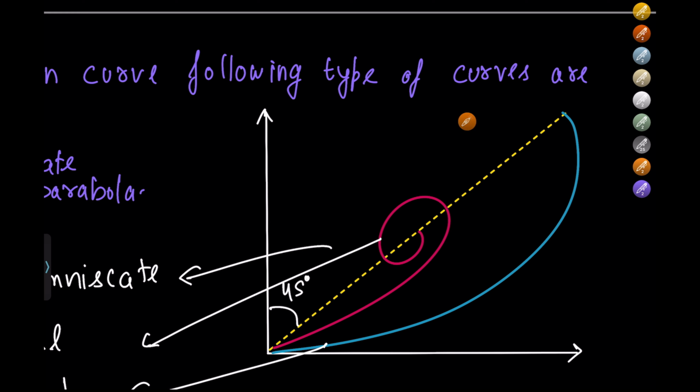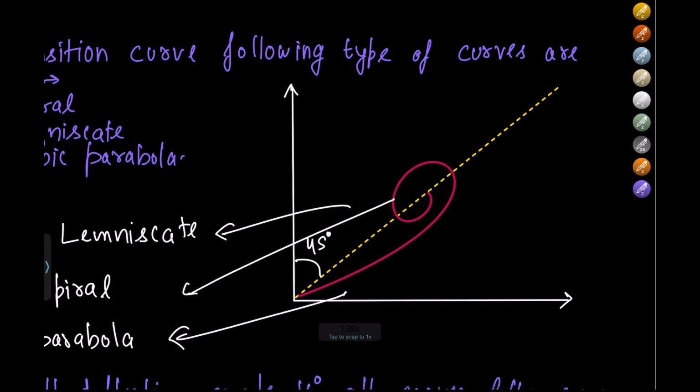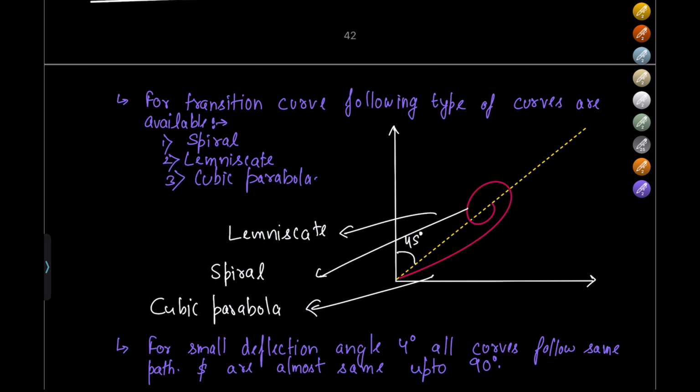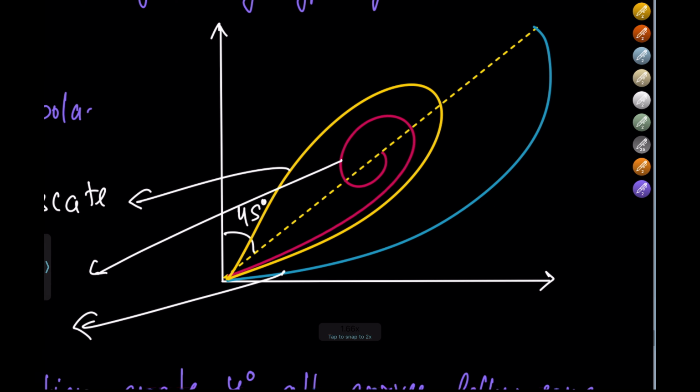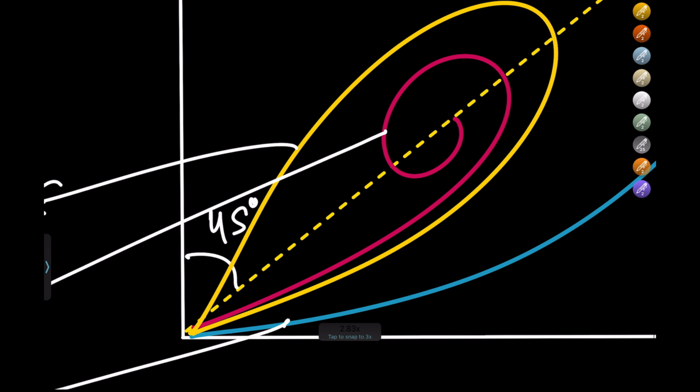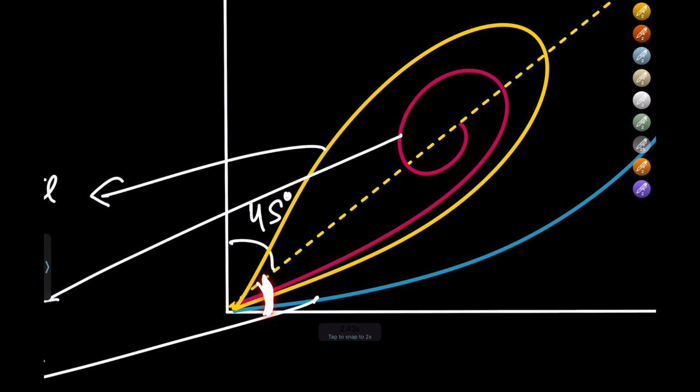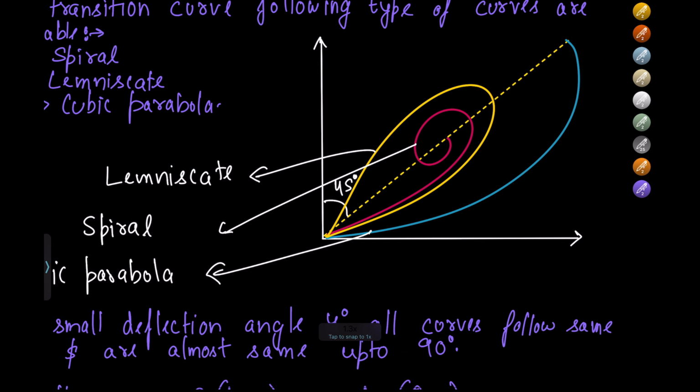let me show one by one. This is a spiral curve. Spiral looks like this, and this is the cubic parabola, and this one is the lemniscate curve. So for very small angle, if we observe this small deflection, the curves are almost equal to each other.